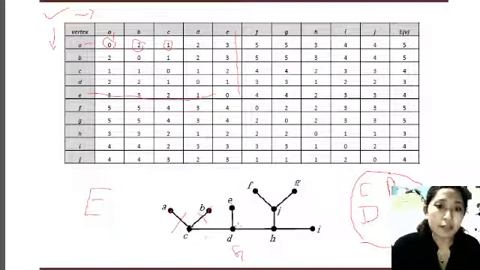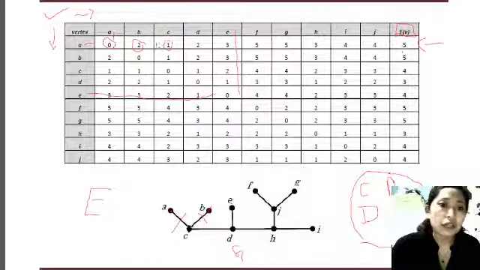Once you have determined the distances, the eccentricity value, as I said, is nothing but the maximum distance value. So in each row you find the value which is maximum. Here it is 0, 2, 1, 2, 3, 5, 5, 3, 4, 4. So the maximum value is 5, and its eccentricity will be equal to 5. The distance from this vertex to the farthest vertices, which are F and G, is 5.